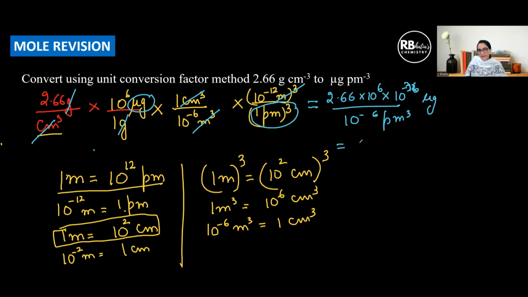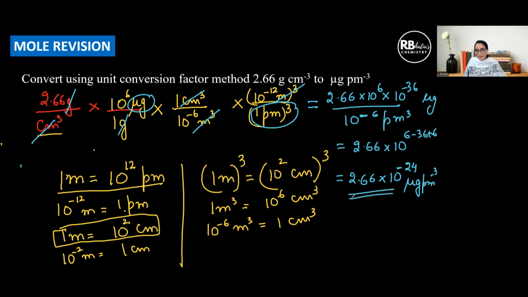So when I solve, I get 2.66 into 10 to the power 6 minus 36. And this minus also goes up and becomes plus 6. So 2.66 into 10 to the power 12 minus 36 minus 24. The unit is microgram per picometer cube. So this is going to be our answer.